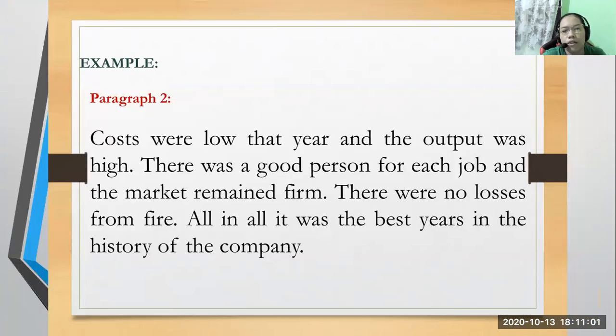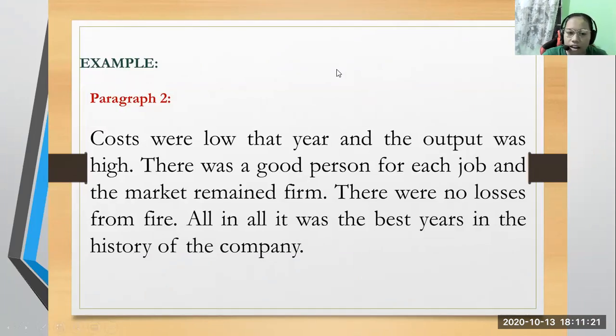Okay, sample number 2. Costs were low that year and the output was high. There was a good person for each job and the market remained firm. There were no losses from fire. All in all, it was the best year in the history of the company.